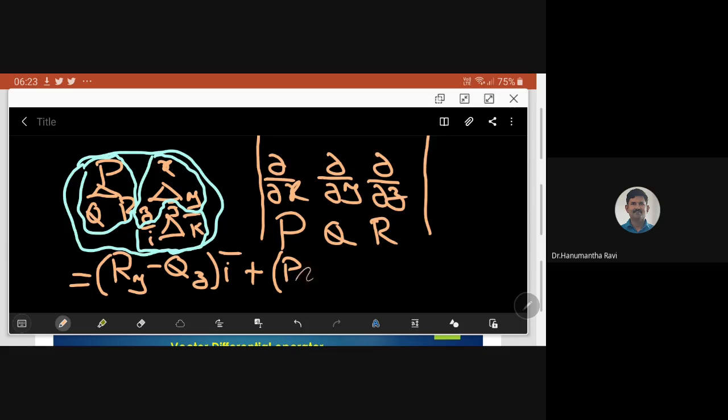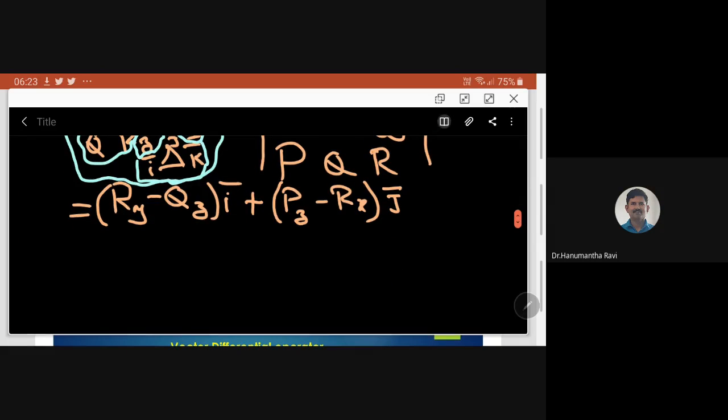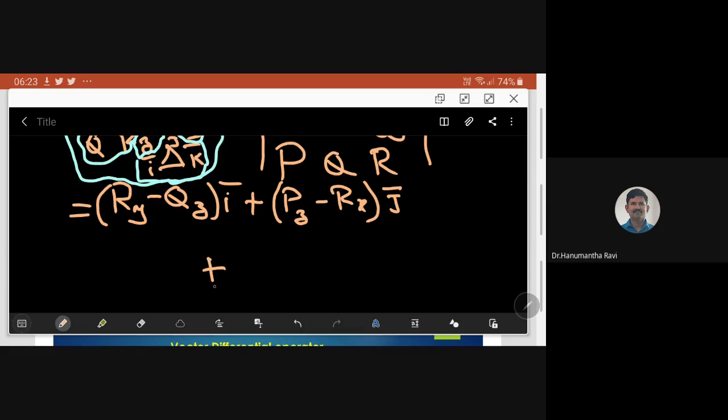After YZ will come ZX, minus P subscript z... after R, P will come, into j bar, and then plus, after PQ, Q subscript x minus P subscript y, into k bar. This is the curl formula, I can remember.